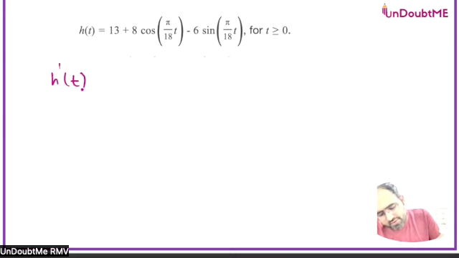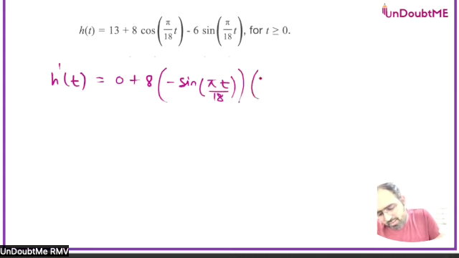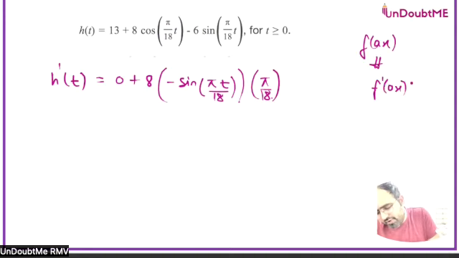So H dash of this will be 0 plus 8. Cos differentiation is minus sine pi t by 18. And then differentiation of pi t by 18 will be pi by 18. Chain rule. Whenever we do differentiation of f of ax, it will be f dash of ax, and then for ax, it will be a. And then minus 6 sine, this will be minus 6.